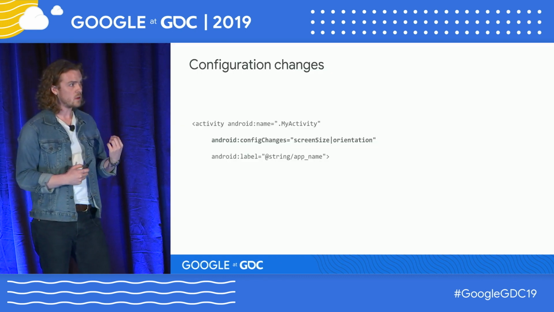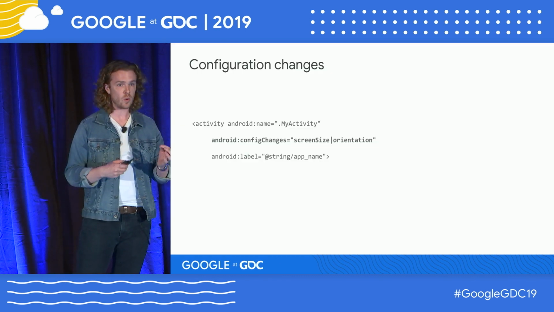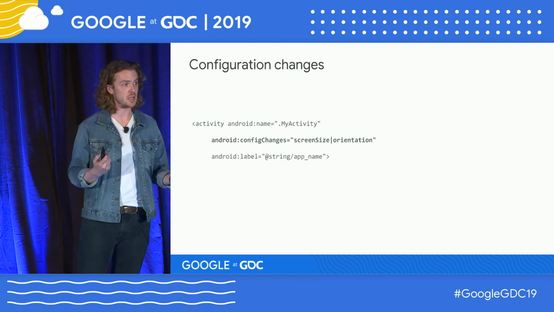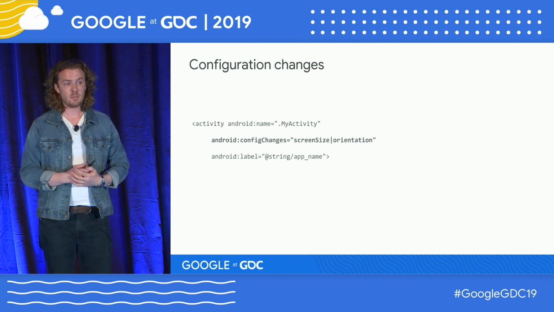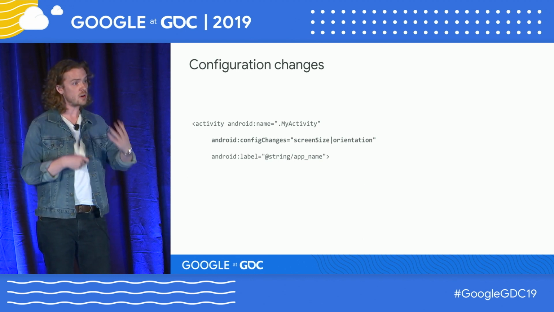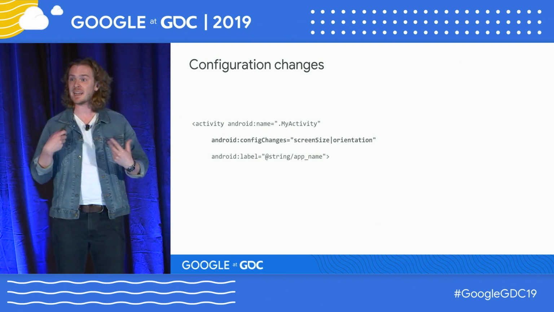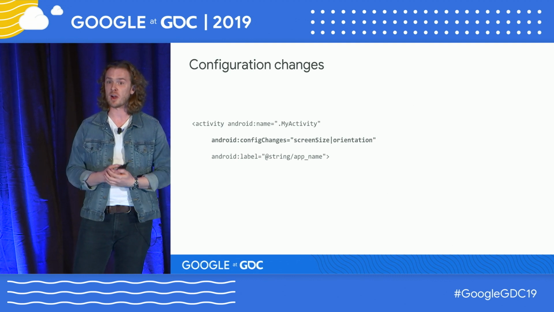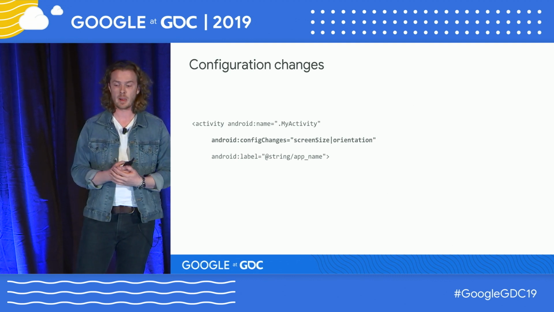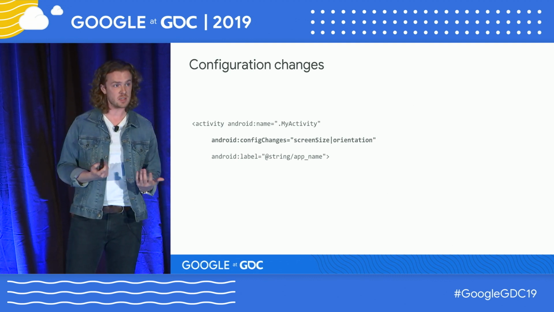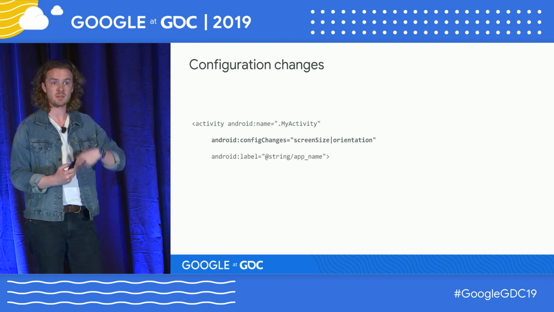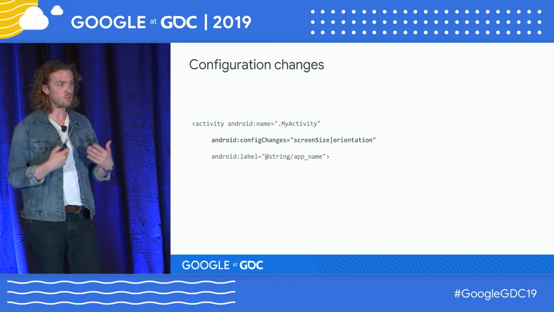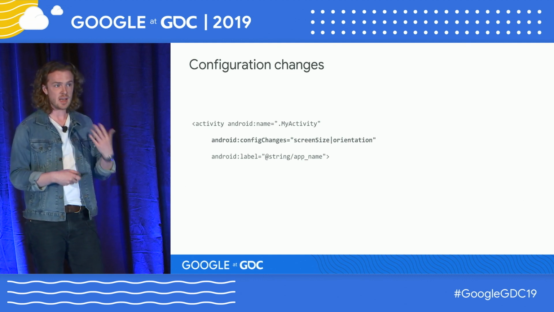So the most important thing to support here is what we call configuration changes. For those of you that are not familiar with the idea of configuration changes, basically the Android system will restart an activity every time it detects that something has changed about the environment that your game is running in. By default, the system does this automatically by invoking onSaveInstanceState before your activity is restarted. However, for a lot of resource-heavy games, this is not the best approach.